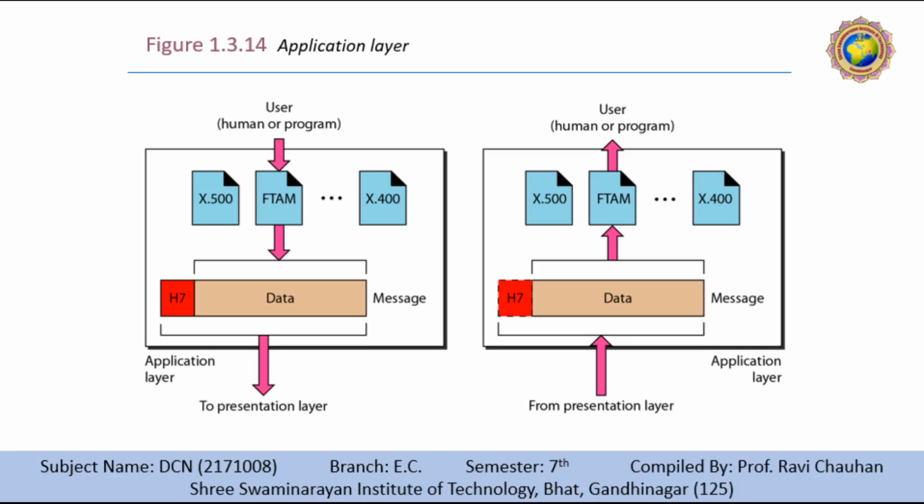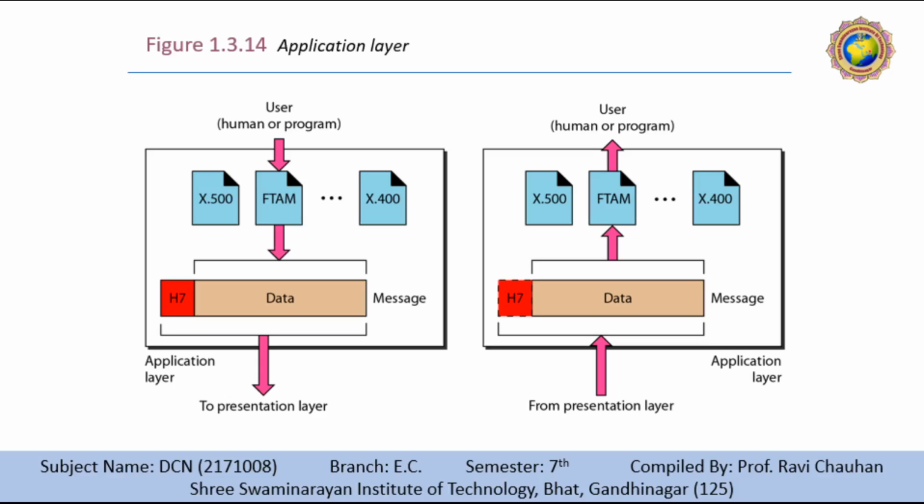Of the many application services available, the figure shows only 3: X.400, the message handling services, X.500 directory services, and file transfer access and management, FTAM. There are also various other services available.